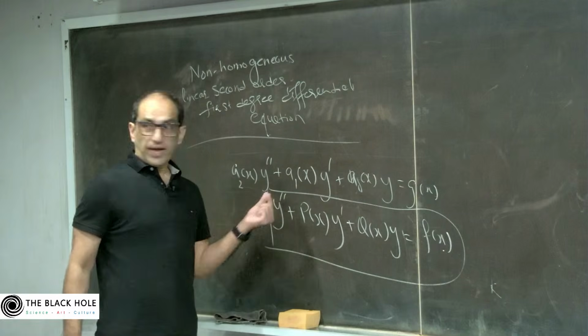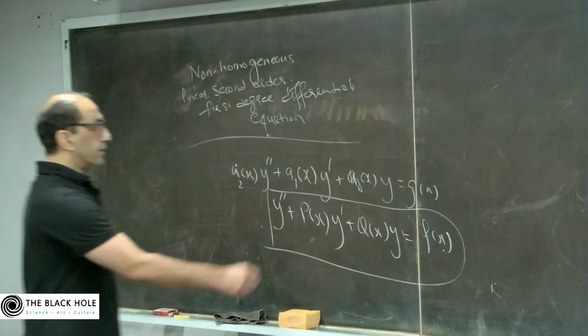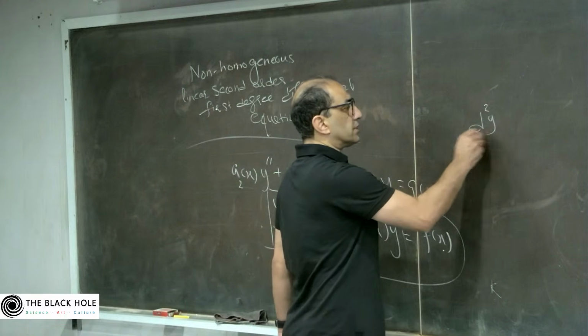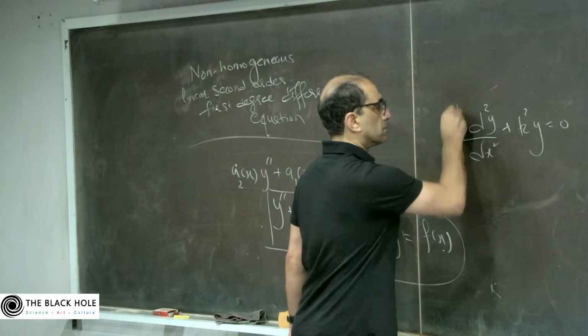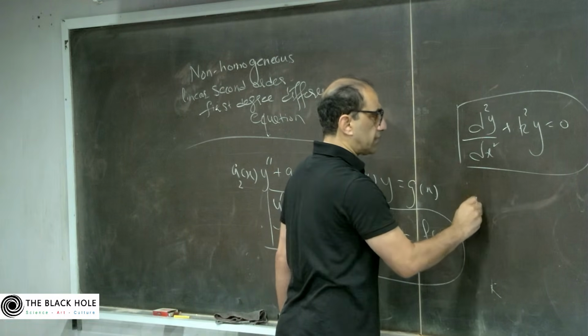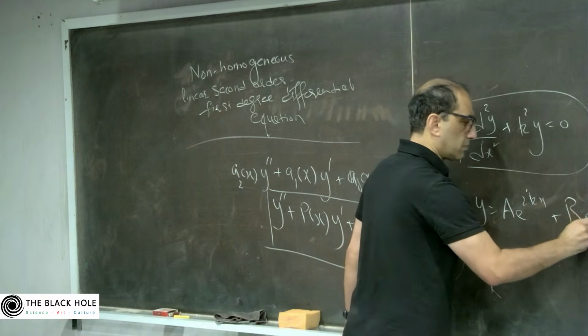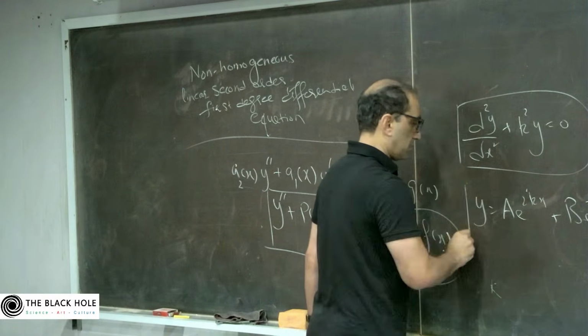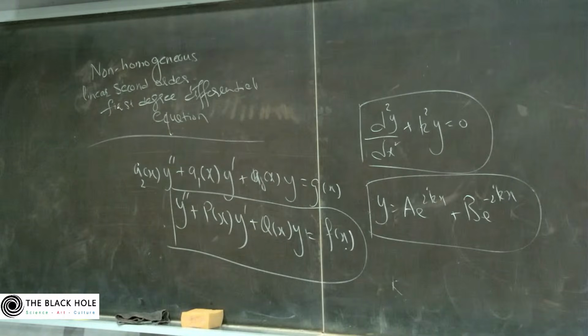So as I told you, in physics, Y is called the response of the system. So let's say when you write down this thing and you get something like this, what do you call this response?